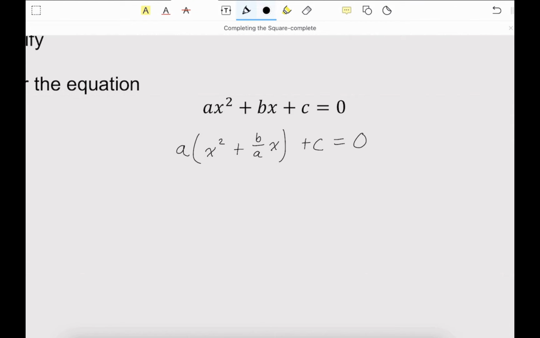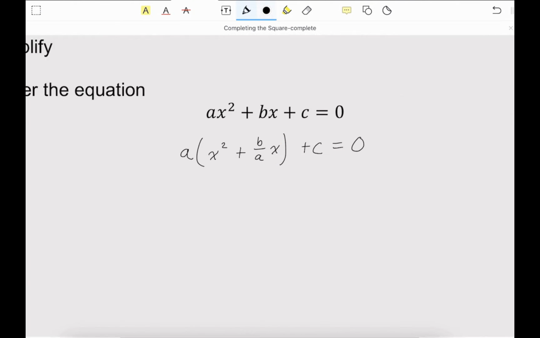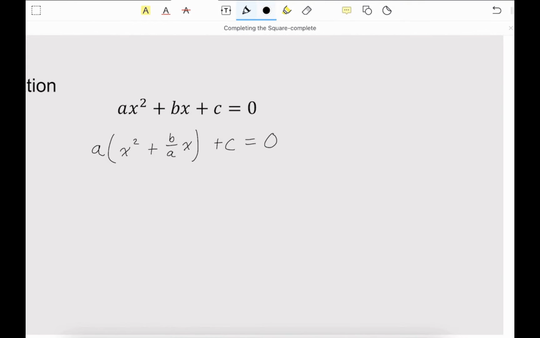Now if I look at the term that's linear and I take its coefficient, which is b over a, I take that and divide by 2, and then square that whole thing. This gives me b squared all over 4a squared.